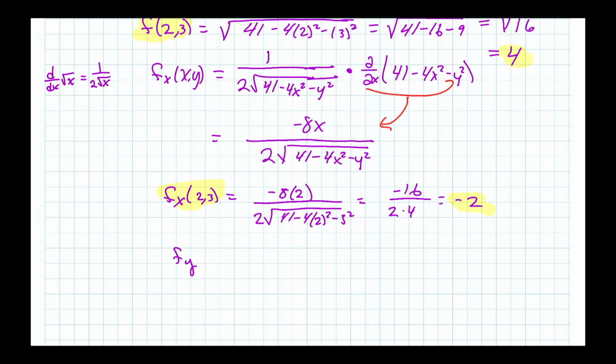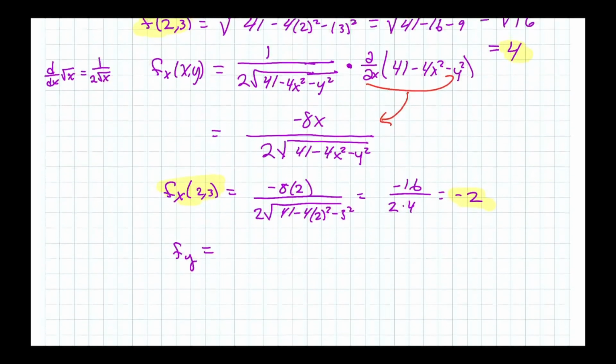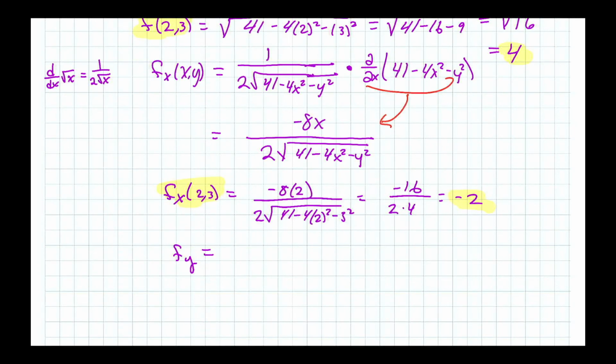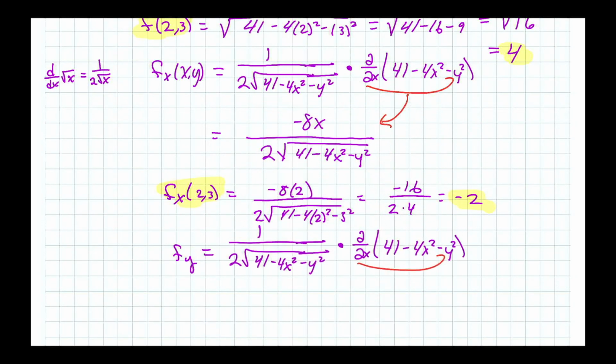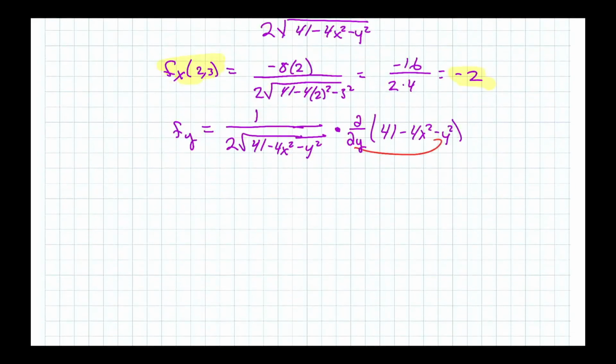So for fy, we're going to take the y derivative of the same function. It's going to look exactly like this, actually. The only difference when we're doing the y derivative is that for the chain rule part, we're actually doing a y derivative now. Just like before, I know that the bottom is going to be 2 square root 41 minus 4x squared minus y squared.